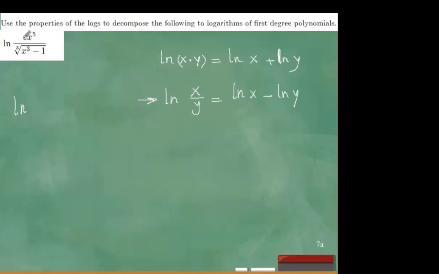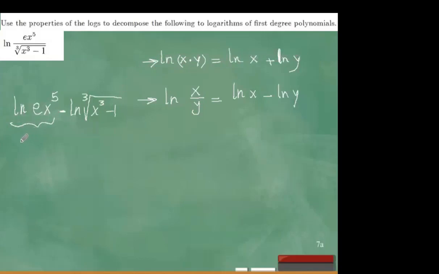I will write that as natural log of e x to the power of 5 minus natural log of the cube root of x cubed minus 1. We are applying the second property here. To expand the first term, I'm going to go to the first property. If I have natural log of x times y, that would be the same as natural log of x plus natural log of y.